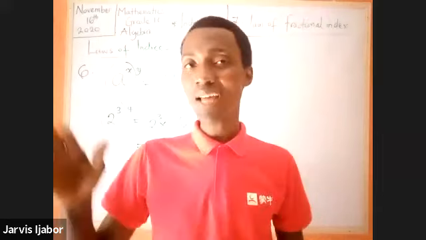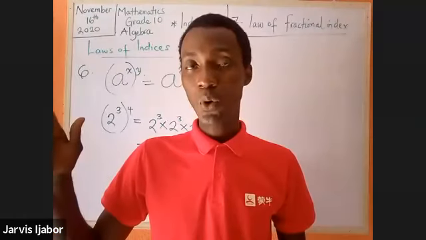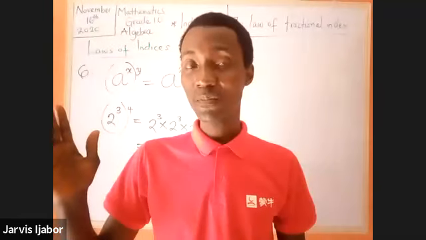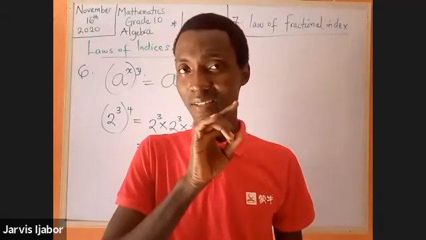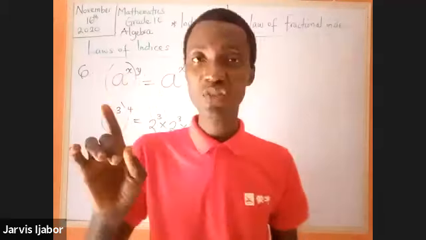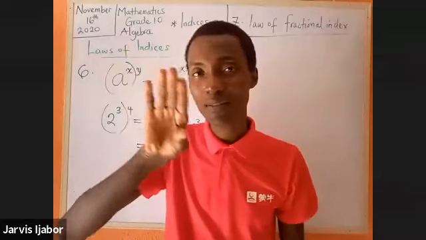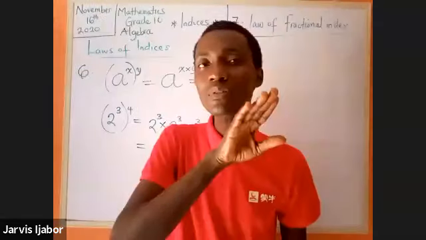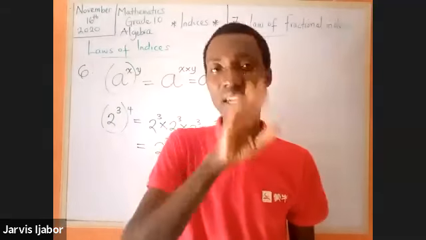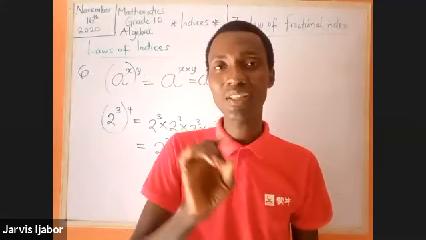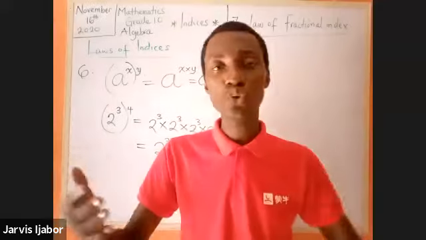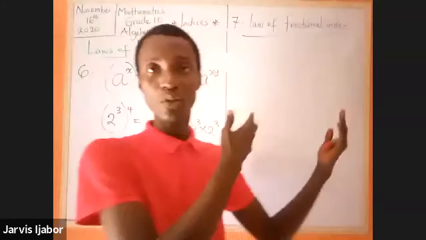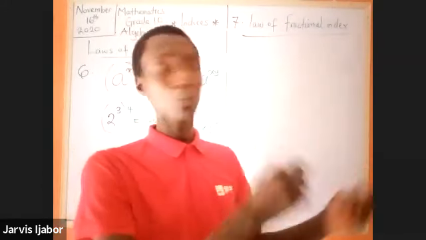Notice that when we started looking at the laws of indices, the indices we've been considering have all been whole numbers. I know that you've observed. Now, what happens when the index in question is a fraction? How do you handle that? That's what this law is trying to take care of.